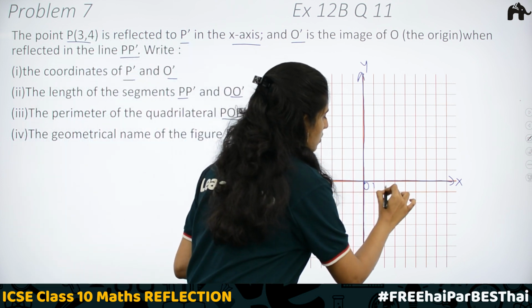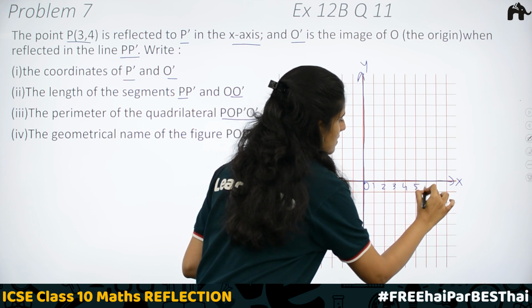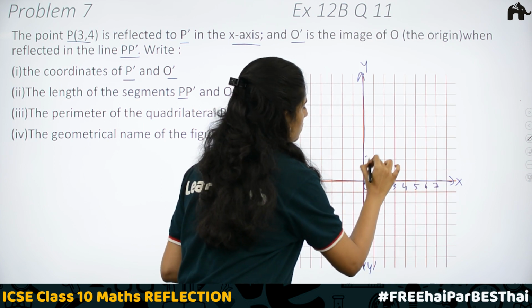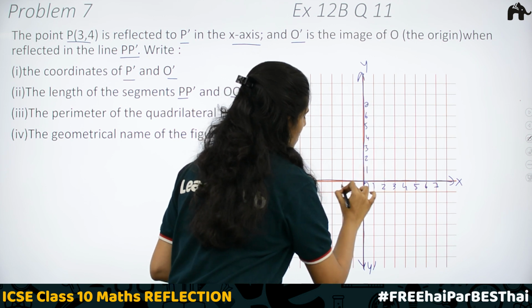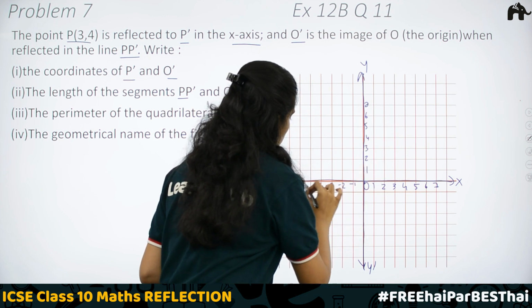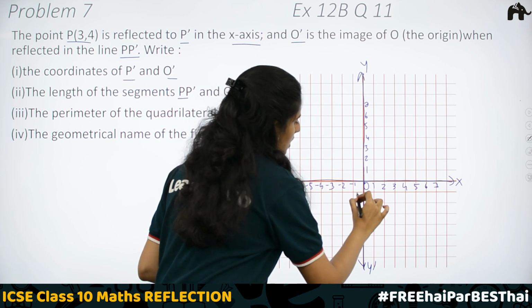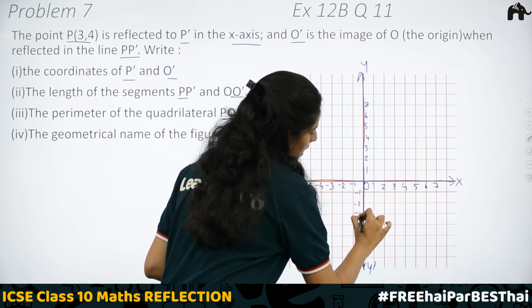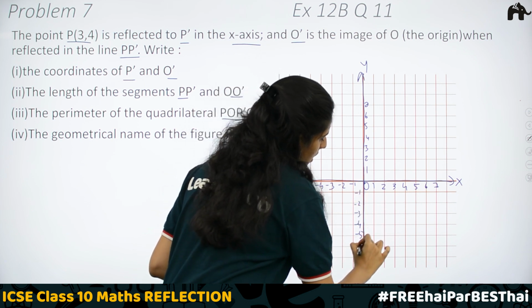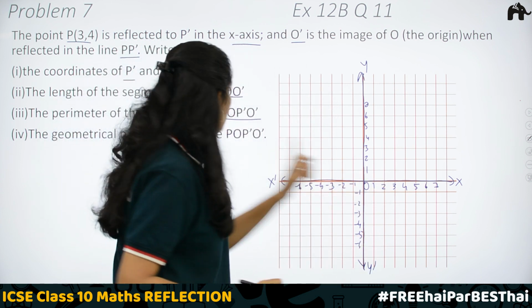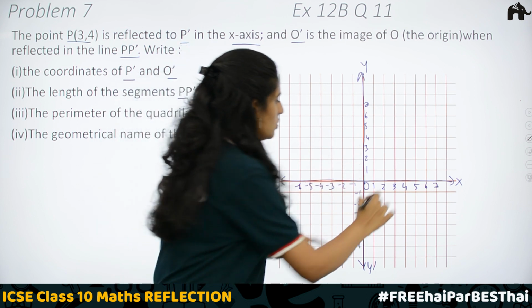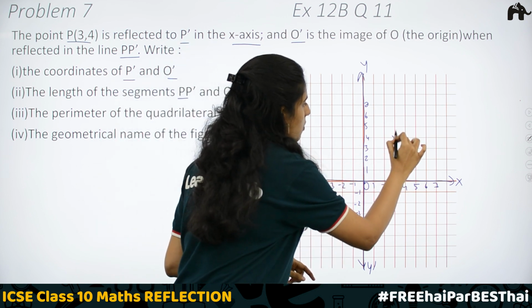Let us take 1, 2, 3, 4, 5, 6, 7, and minus 1, minus 2, minus 3, minus 4, minus 5, minus 6. The x-coordinate is 3 and the y-coordinate is 4. So 3, 4. Here we get the point P.